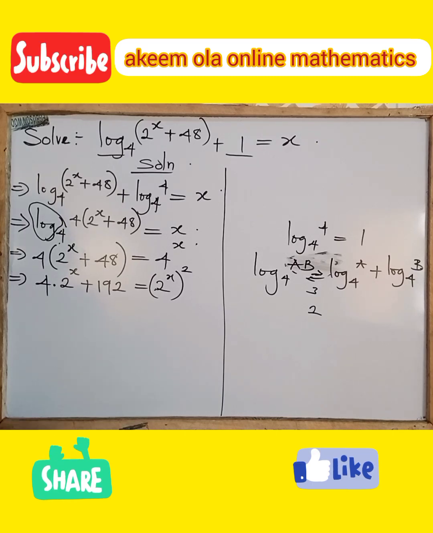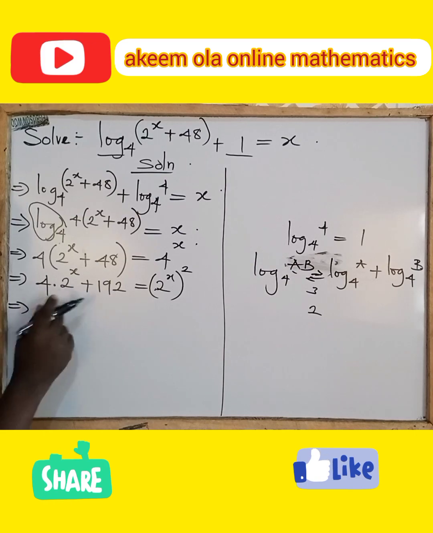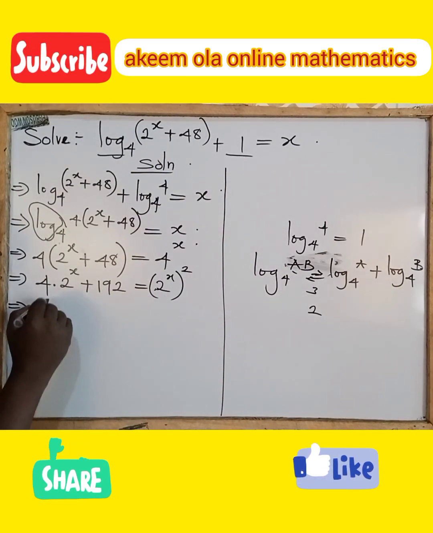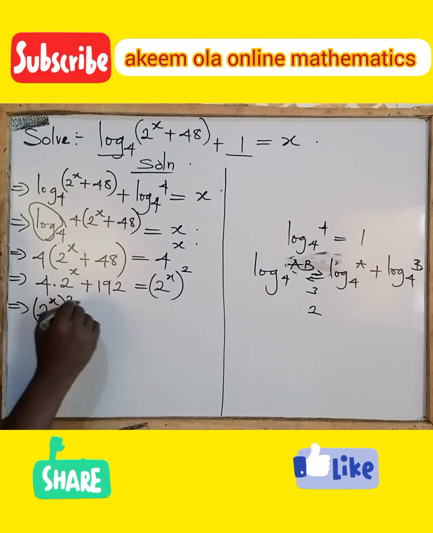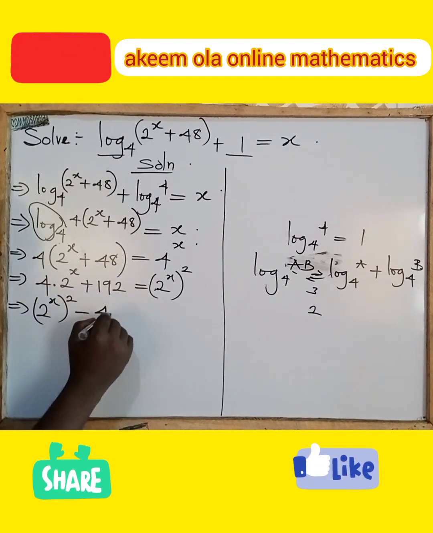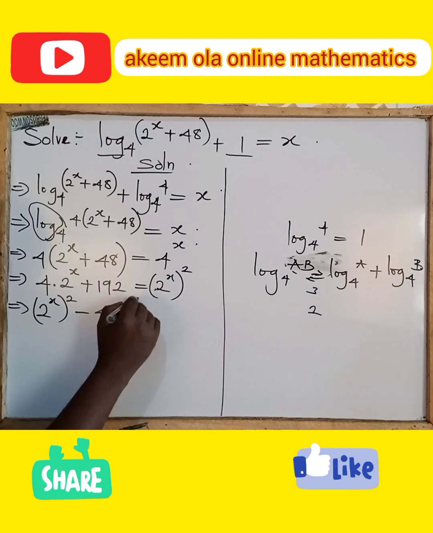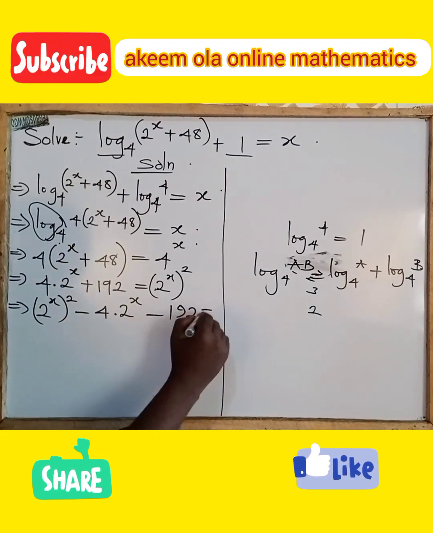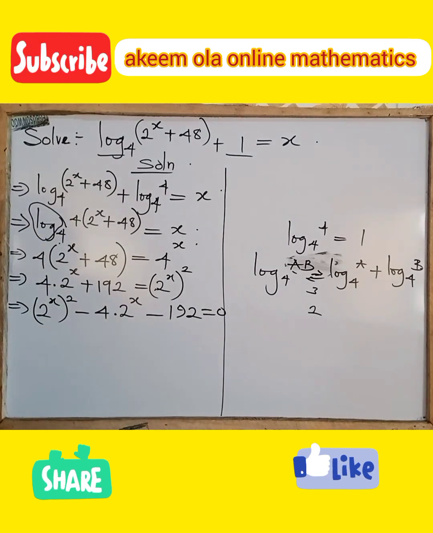So from here, I can move everything to the other side. That means we have 2 raised to power x squared minus 4 dot 2 raised to power x, and then minus 192 is equal to 0. So what will I do from here?